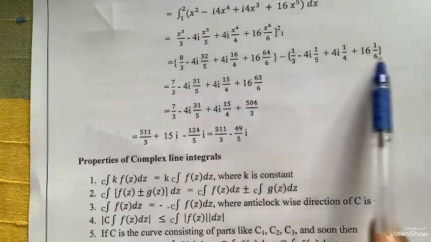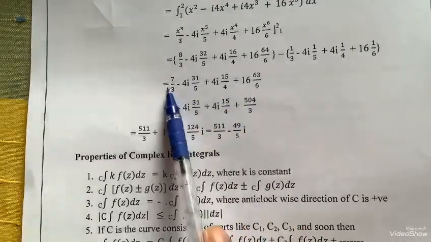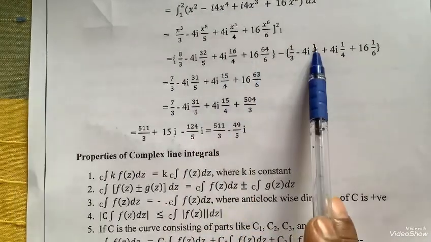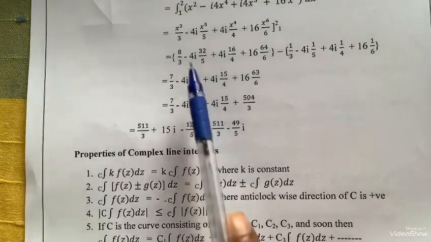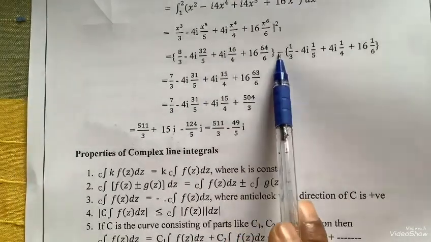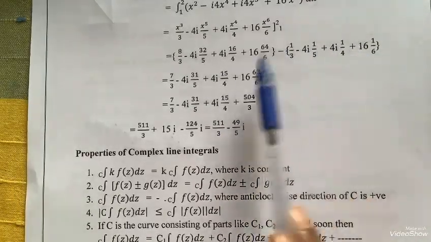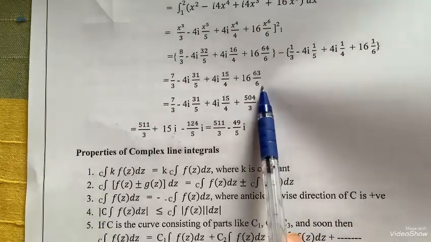Then you please subtract all these. Therefore 8 by 3 minus 1 by 3 is 7 by 3, minus 4i, 32 by 5 minus 1 by 5 is 31 by 5, 4i is common, plus 16 by 4 minus 1 by 4 is 15 by 4, plus 16 is common, 64 by 6 minus 1 by 6 is 63 by 6 here.